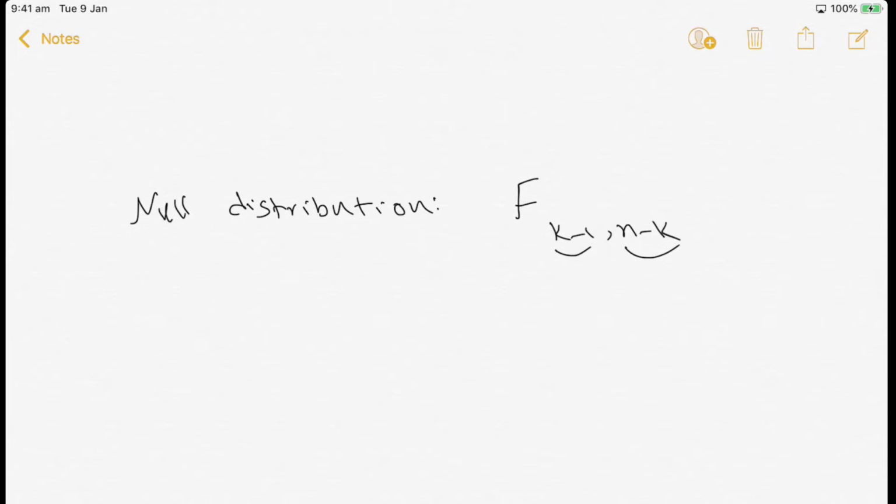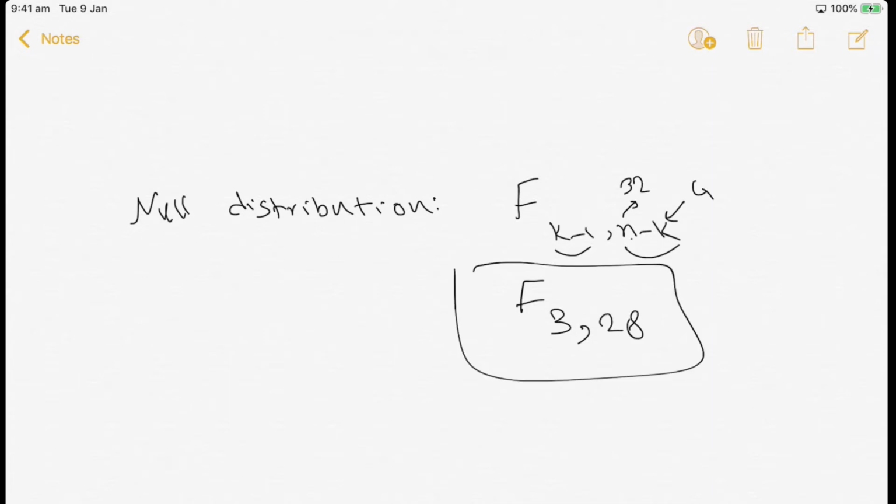They are the degrees of freedom that we have. K is the number of groups. We've got 4 groups, so that would be 3, and for n minus k, n is the number of observations and k is the number of groups, so that would be 32 observations minus 4, that would be 28. That's our null distribution if H null is true.